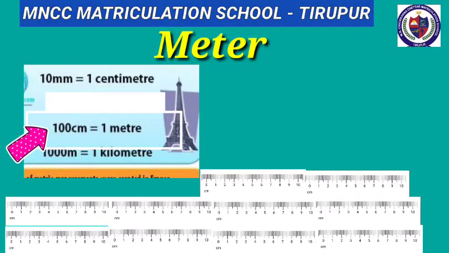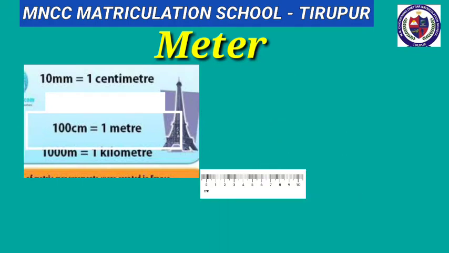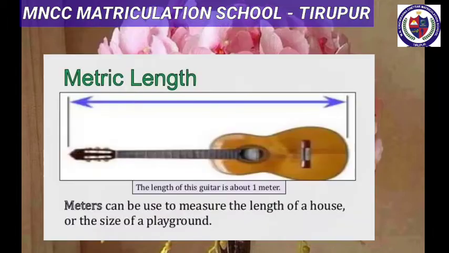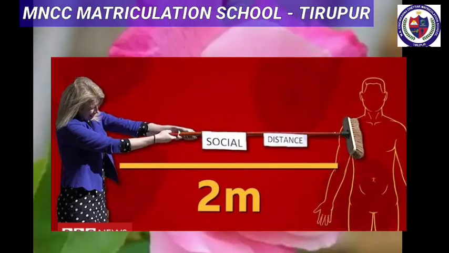Meter: 100 cm equal to 1 meter. To get a 1 meter length, we should put a 10 cm scale 10 times. Let us see some examples for meter: school bus, table, guitar. The best example for meter is: to avoid the spread of corona, we keep a 2 meter distance in public places.